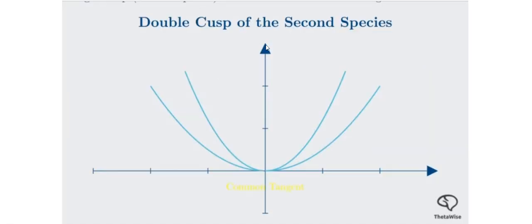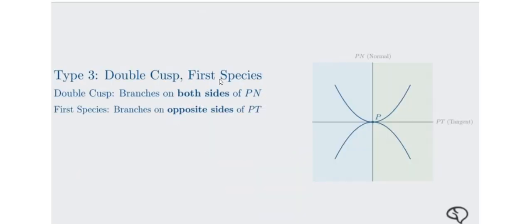Next is double cusp. Suppose we have a double cusp of the first species, meaning branches on both sides of the normal. This is cusp 1 and this is cusp 2.